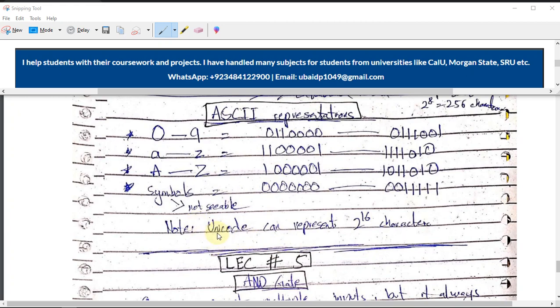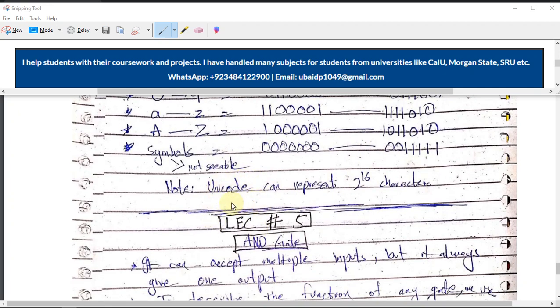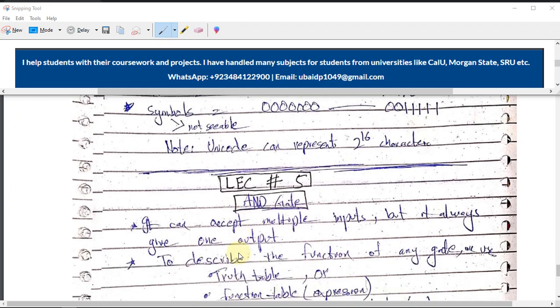And there is another standard called Unicode, which can represent 2 to the power 16 characters. This is really a large number, right? So everything will be included in Unicode. It's still an ongoing process, right? Because there is a really large number of characters in there.